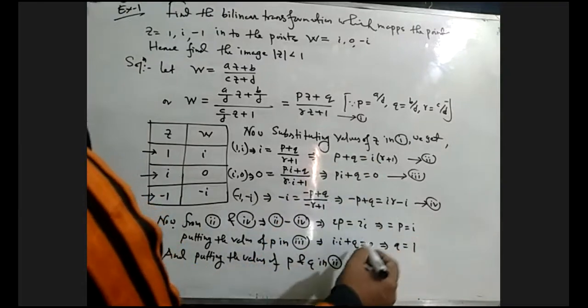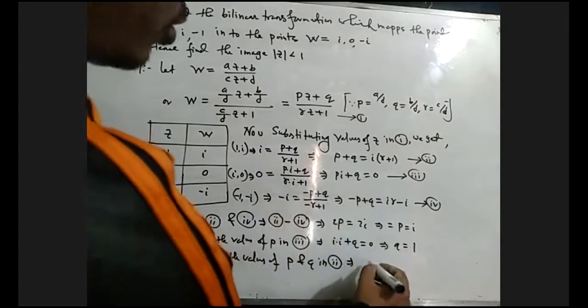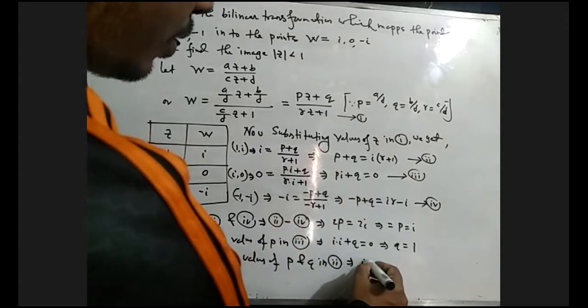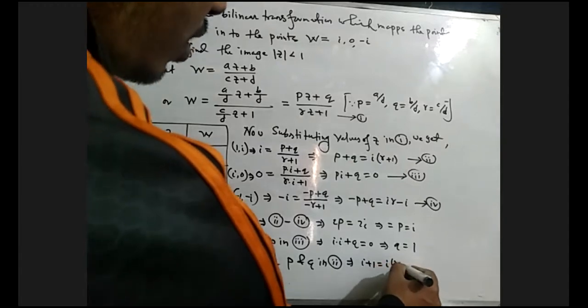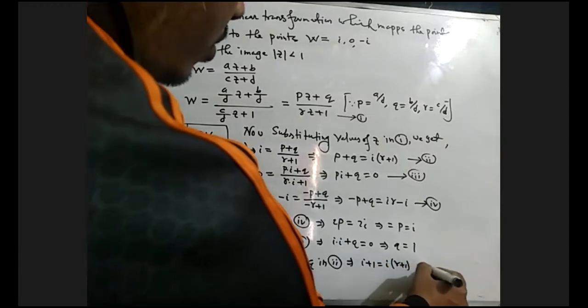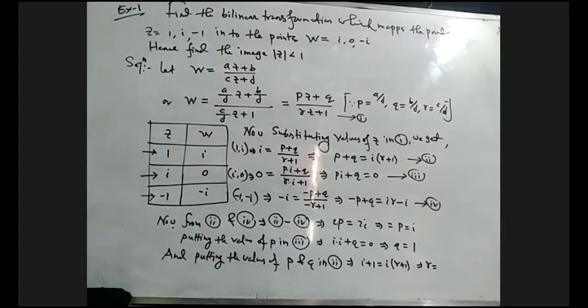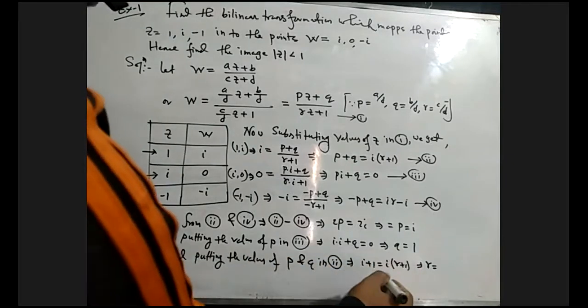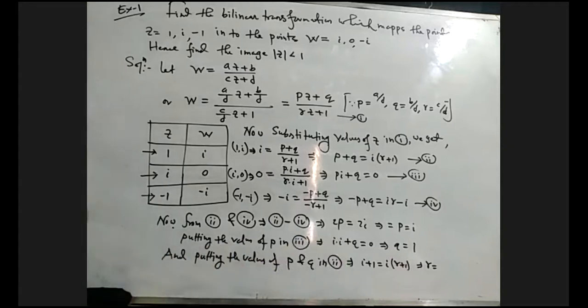P equals i and Q equals 1. So i plus 1 equals i into R plus 1. So what will be the value of R from here? i will be cancelled from both sides. iR equals 1.